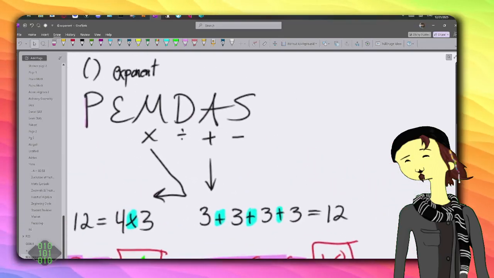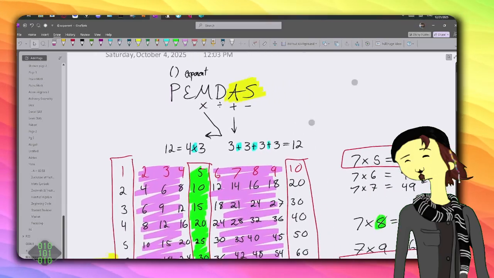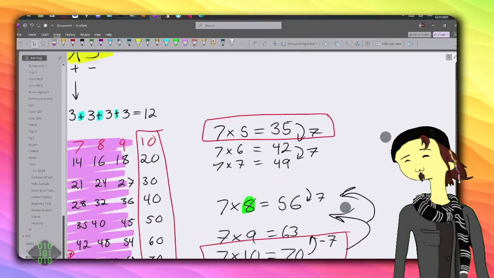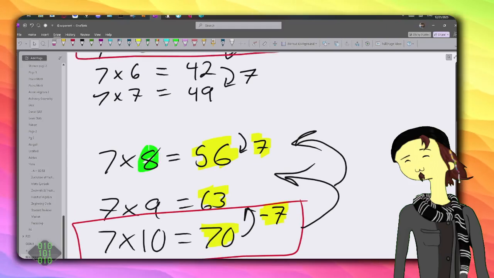I'll add in a little extra here, considering that addition and subtraction are opposites. We've just used them to move across our multiplication table. We use them either from an upper value like 70, and we move backwards to get to our 56, right? Or, sorry, this one was an addition.